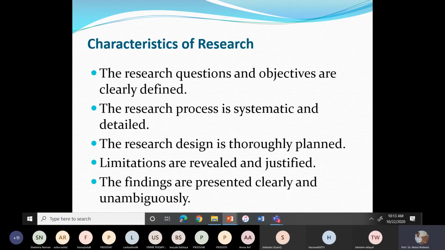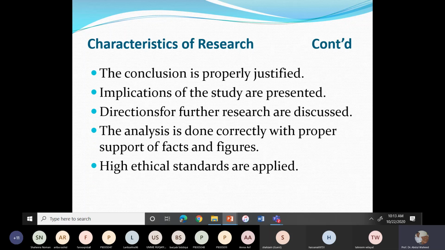clearly and there is no ambiguity in your finding. So clarity is a must in a research study. If it is clear, then it will attract more audience to see that research.